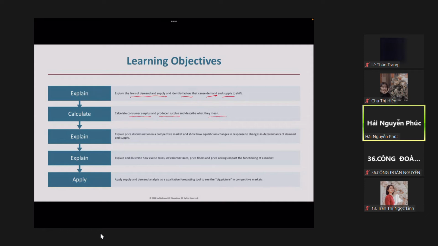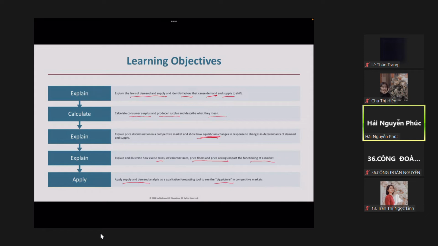Later on, we are going to discuss the equilibrium. We are going to talk about the effect of tax, and the effect of price control, like price floor and price ceiling, on the functioning of a market, how it affects the market. And lastly, we are going to use the supply-demand framework to qualitatively forecast the market, to see the big picture of a market, right?